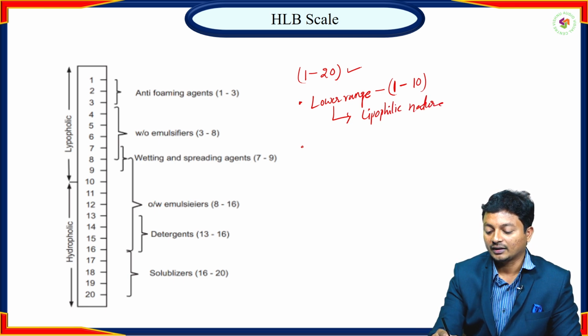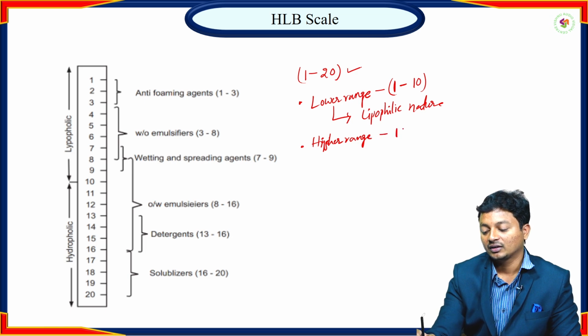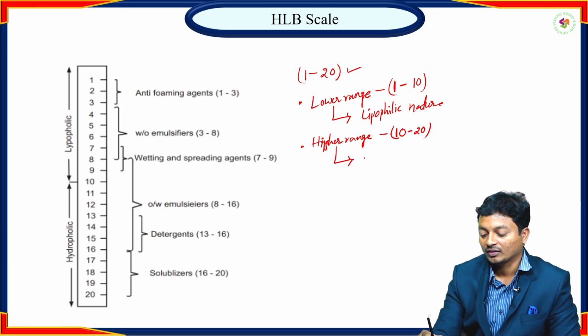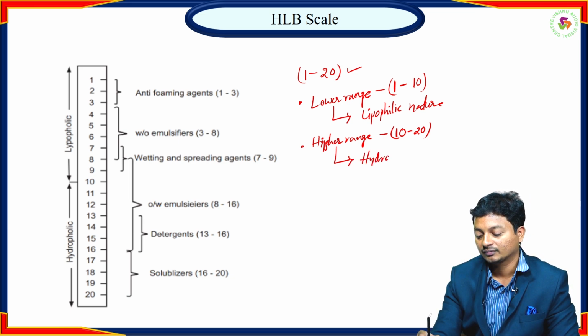And the higher range of this HLB scale, that is 10 to 20, always indicates the hydrophilic nature.